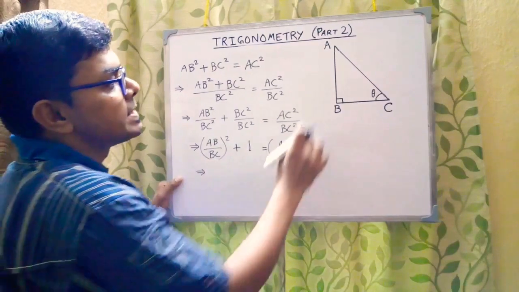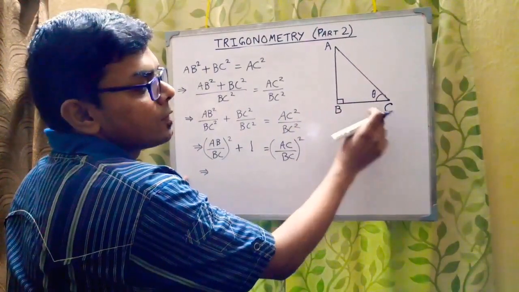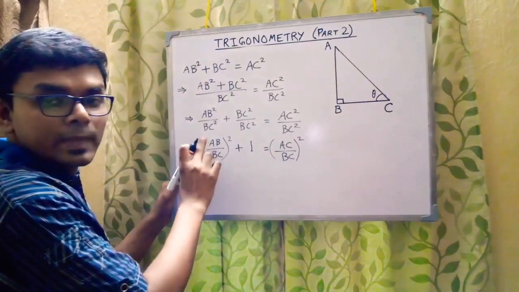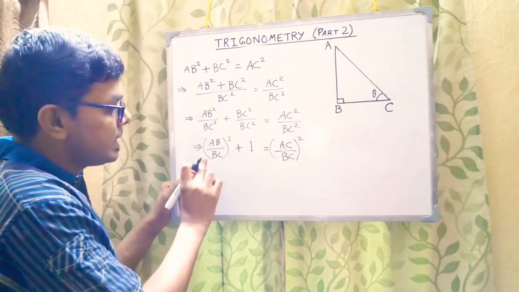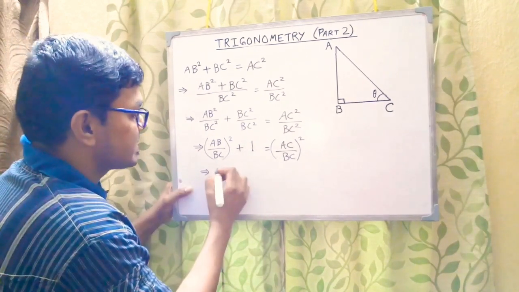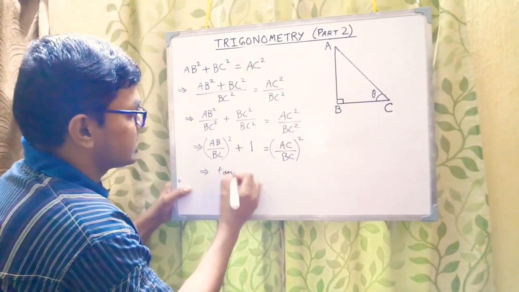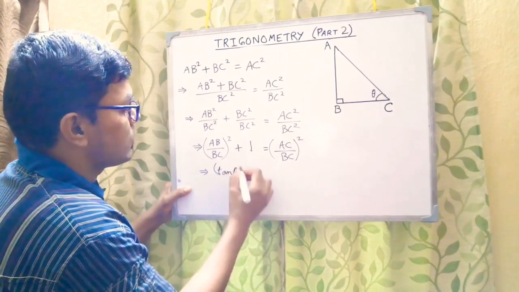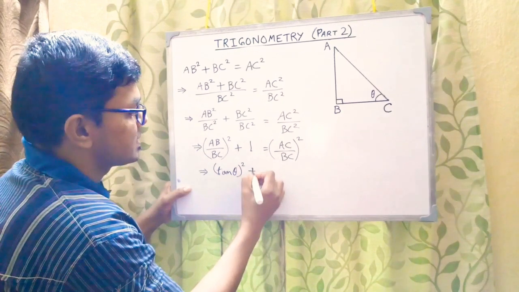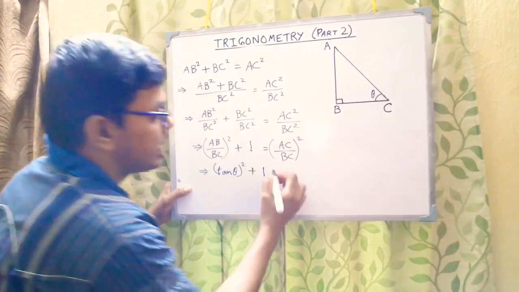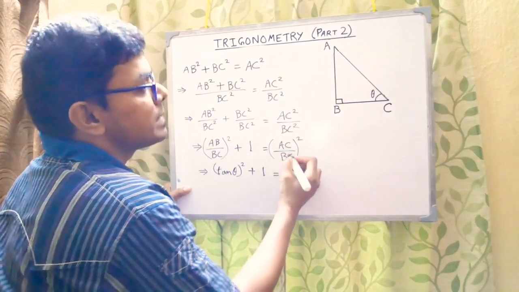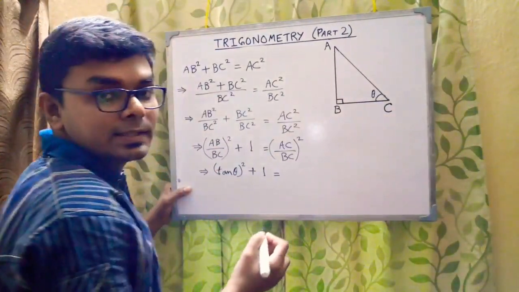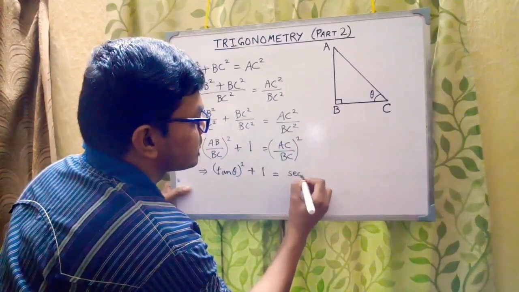AB by BC: if you look at theta, AB is the opposite of theta and BC is adjacent to theta, so AB by BC means opposite by adjacent, that is tan theta. So we get tan theta whole square plus 1, and we have AC by BC. Now AC by BC is hypotenuse by adjacent, that is nothing but sec theta.